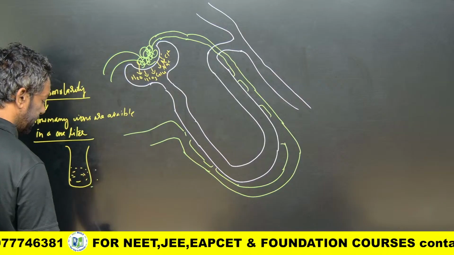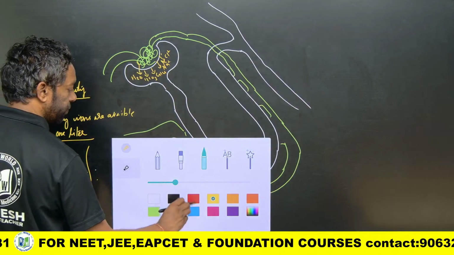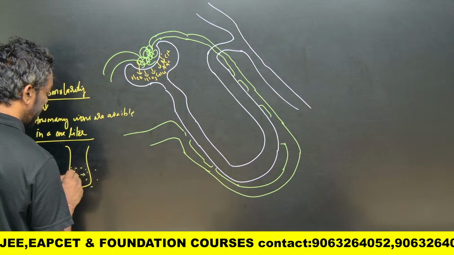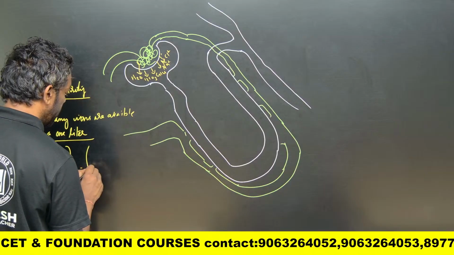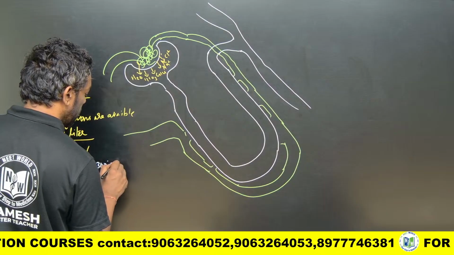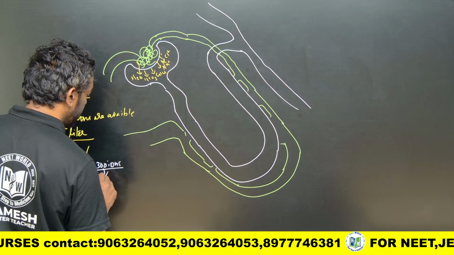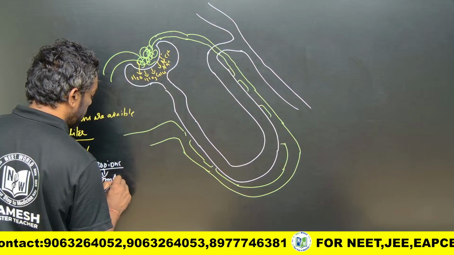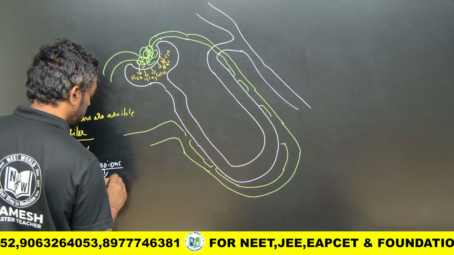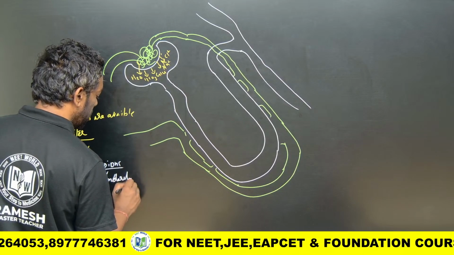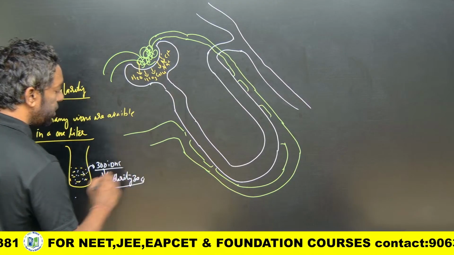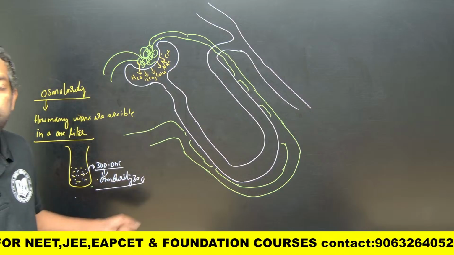If 300 ions are there in this liter, this is osmolarity 300. The osmolarity is 300 if 300 ions are there per liter.